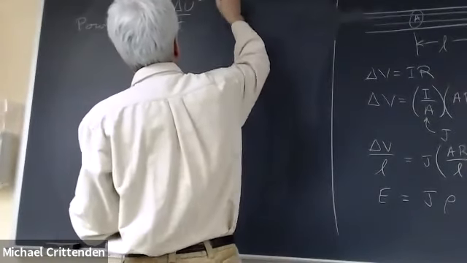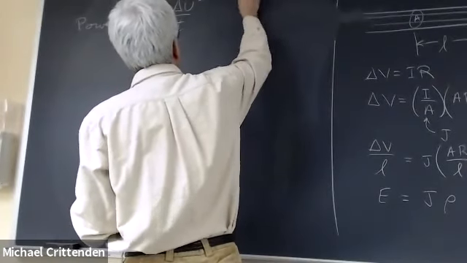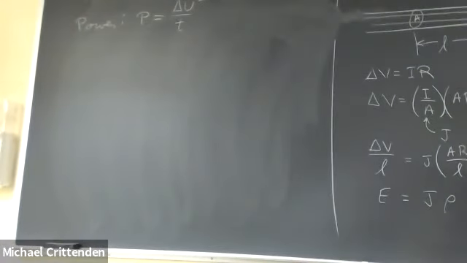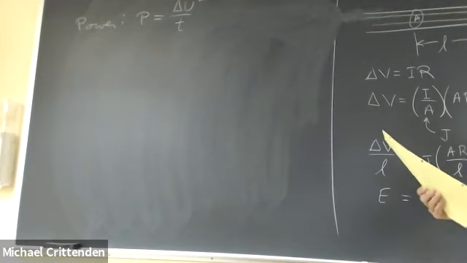From that basic definition, and of course the change in potential energy is effectively the same thing as the work you did. I did a certain amount of work climbing the stairs, I gained a certain amount of energy climbing the stairs. It's two different ways of saying the same thing.